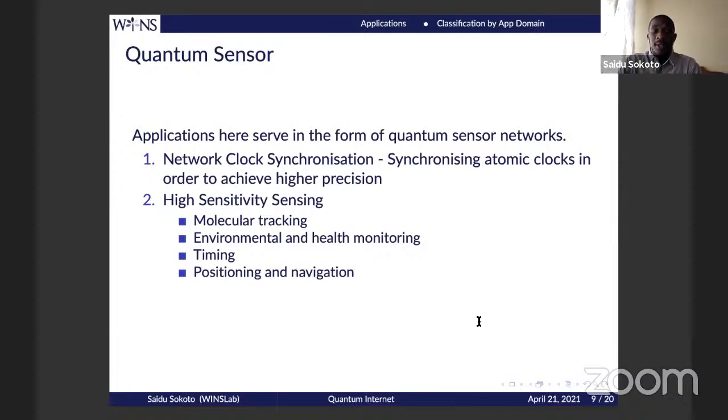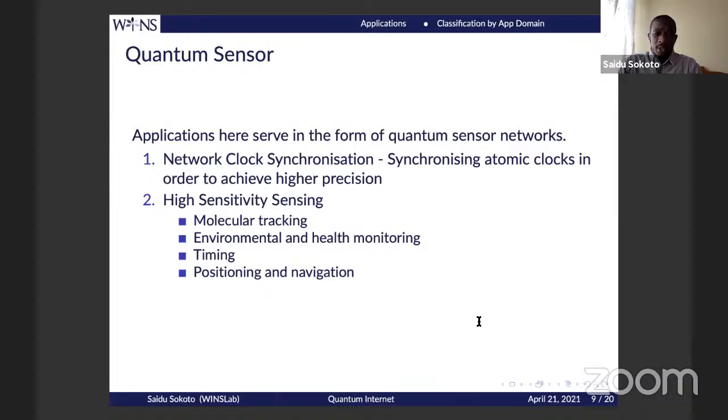Some of these tasks include the network clock synchronization. As we're all aware, we have atomic clocks, which are very precise. However, if we're able to leverage on the quantum internet and connect them with each other, the precision may be increased to a whole new level. We have high sensitivity sensing.